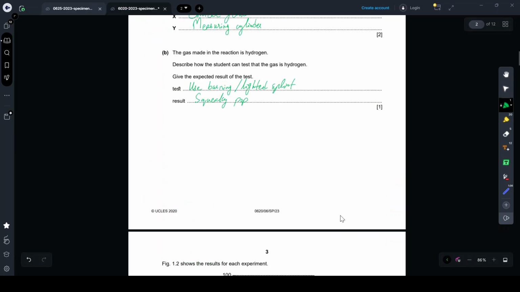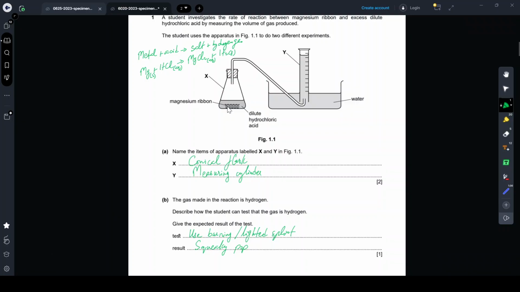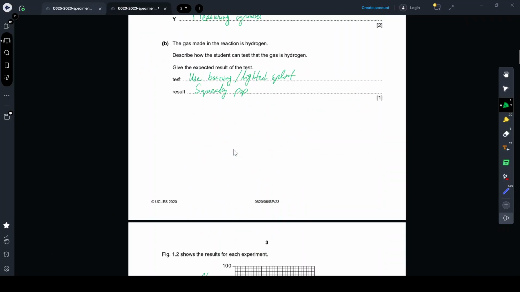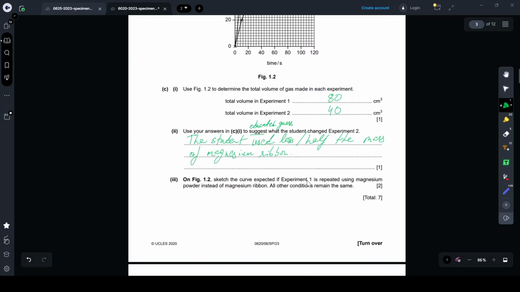Okay, what's happening over here? You had magnesium ribbon, you can see that coiled thing over here. Now they're using magnesium powder. Powder has a higher surface area than ribbon. Good, right? I know you were hesitating on that, that's why I was pushing you.